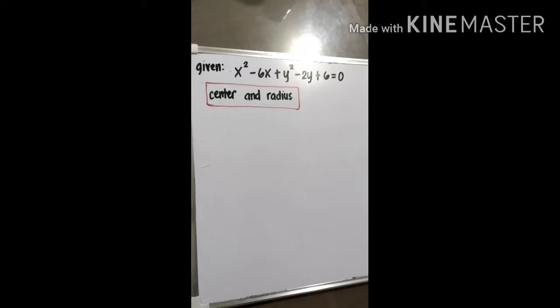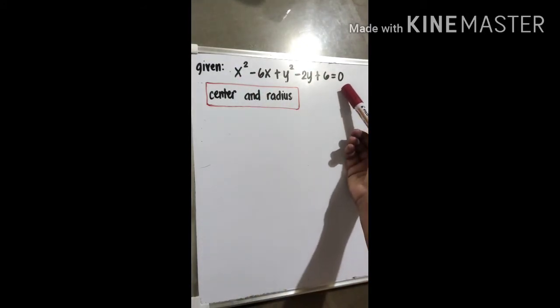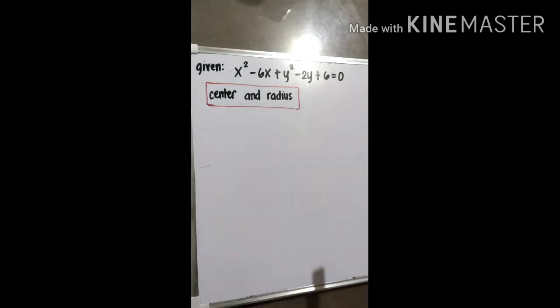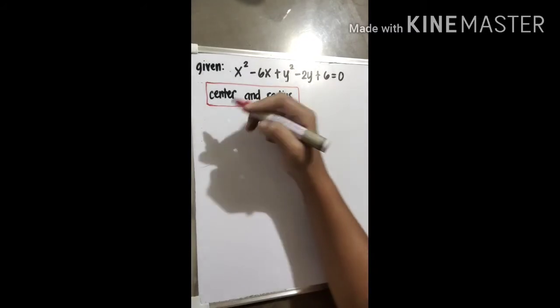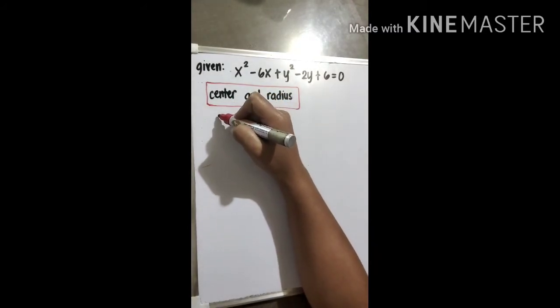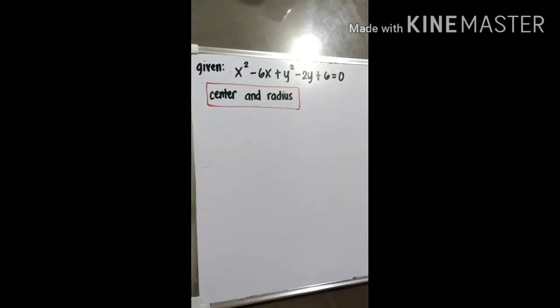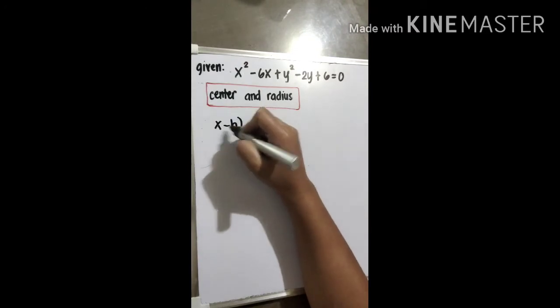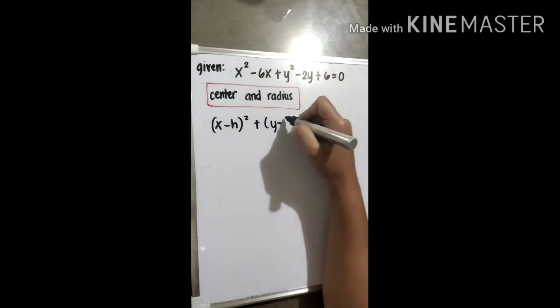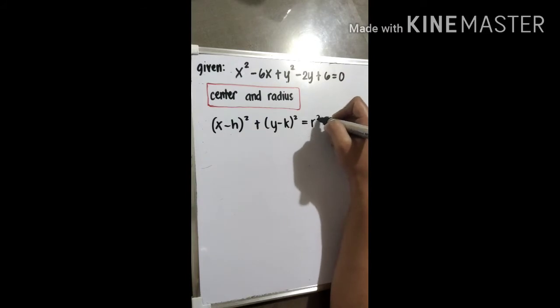Now for the third example, we are given the equation of a circle, x squared minus 6x plus y squared minus 2y plus 6 is equal to 0. So the instruction is that we have to sketch the circle given by this equation, and then we have to identify its center and radius. Identifying the center and the radius of this circle here is just like looking for the standard form of our circle, which is given by the equation x minus h quantity squared plus y minus k quantity squared is equal to r squared.